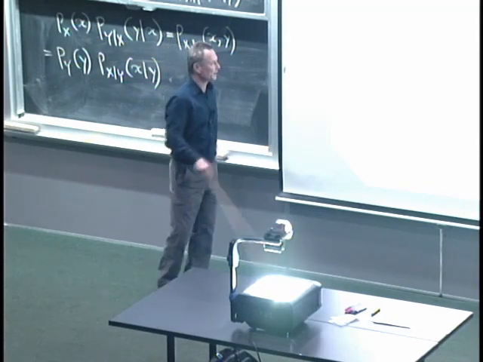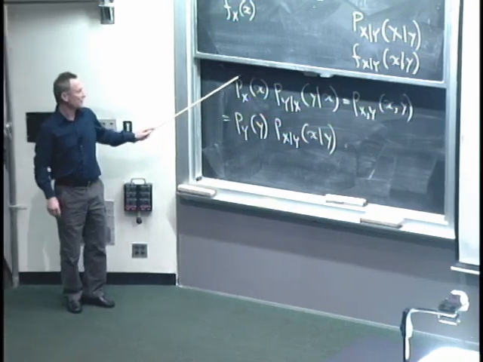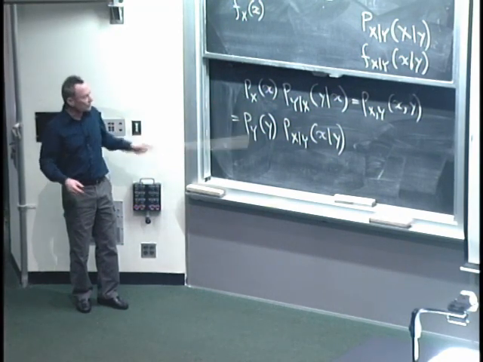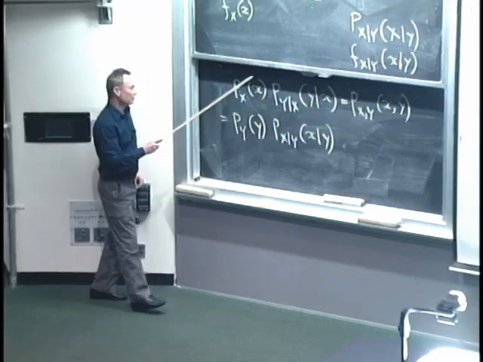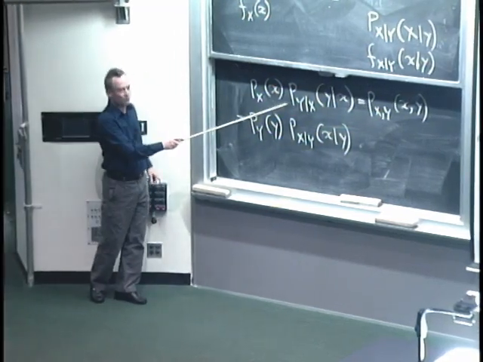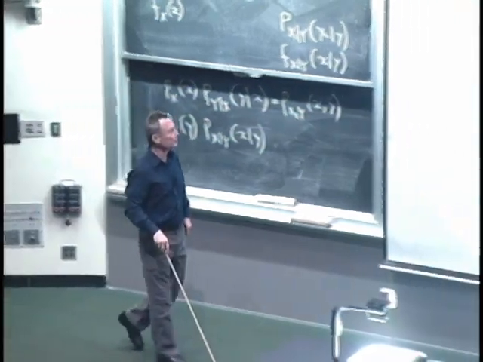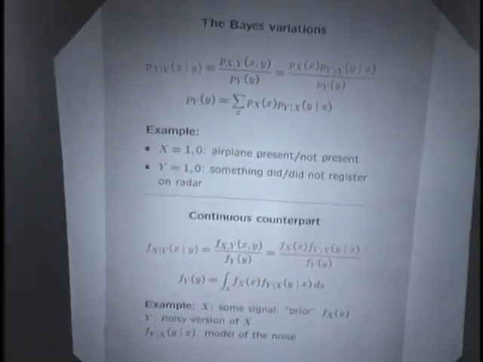How do we calculate it? You go through the same calculations as in the discrete case, except that all the p's get replaced by f's. In the continuous case, it's equally true that the joint density is the product of the marginal density with the conditional density. So the formula is still valid, just with a little change of notation. So we end up with the same formula here, except that we replace p's with f's.